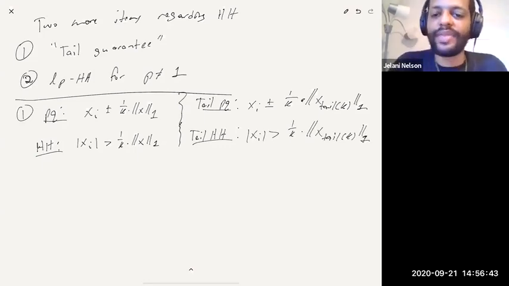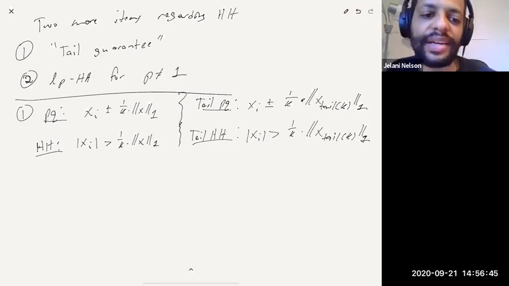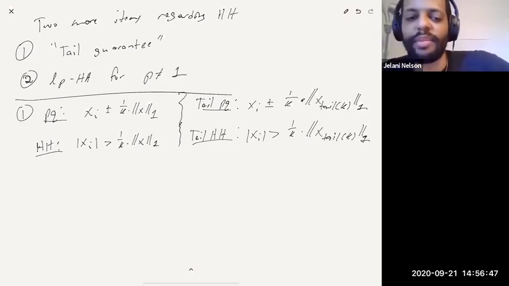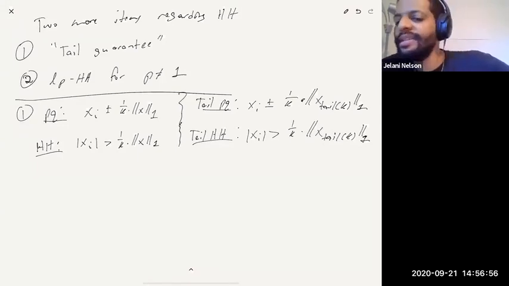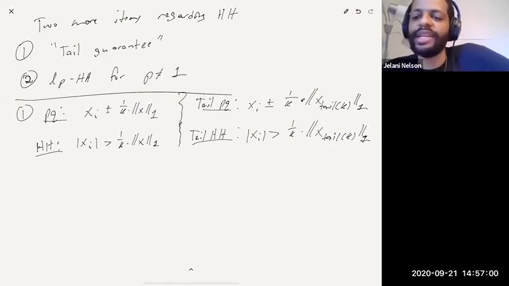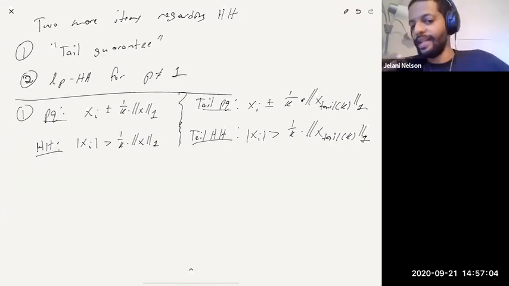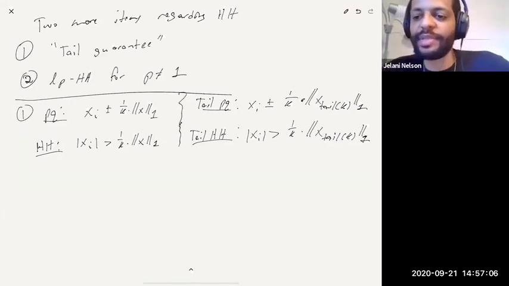Now, how many tail heavy hitters can there be? We already said that normal heavy hitters, there can be at most k minus 1. Tail heavy hitters, I claim that there can be at most 2k minus 1. Why? Because either i is in the head. Okay, if it's in the head, maybe it's bigger than a 1 over k fraction of the tail. I have no idea. But there are only k people in the head. Otherwise, if i is in the tail, that is basically the same argument as before.